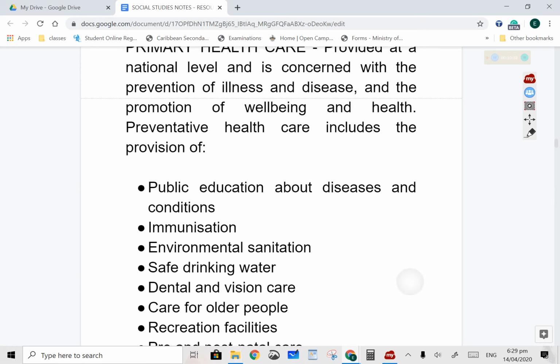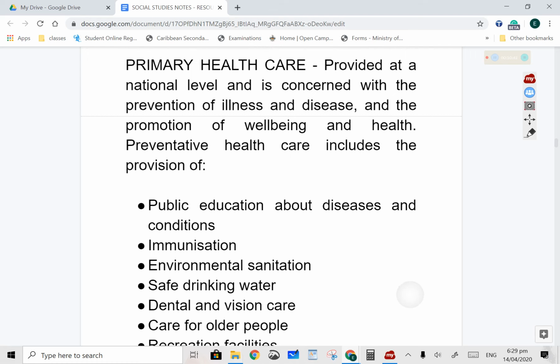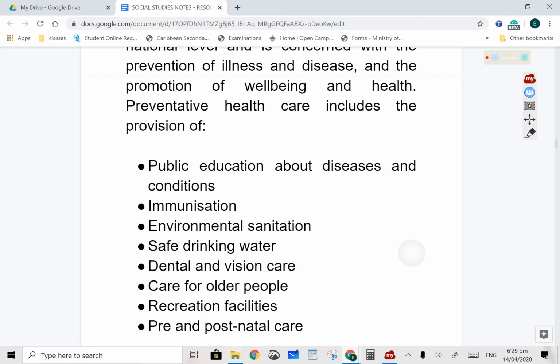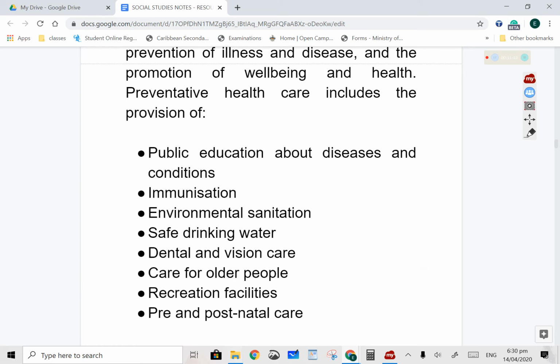These things might seem or sound familiar to you because primary health care or preventative health care is provided in our community, in each community. So whatever your community is, if we take for instance, we're in Trinidad, and if you are in Rio Claro, if you are in Mayaro, if you are in different communities, you would be able to access primary health care, meaning that you would be able to get immunization, environmental sanitation, right?